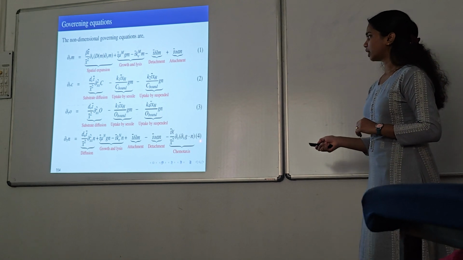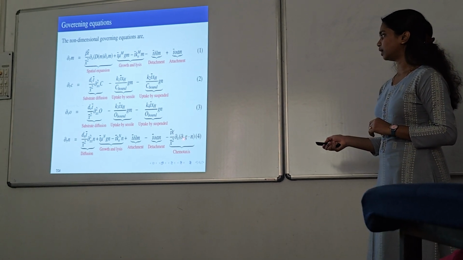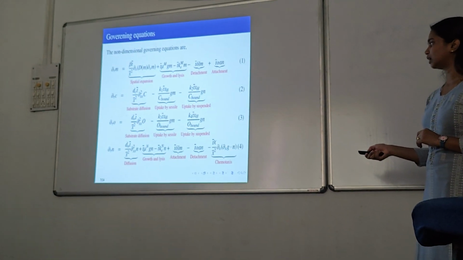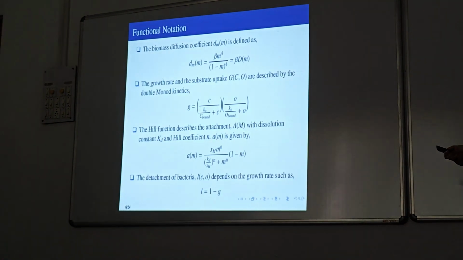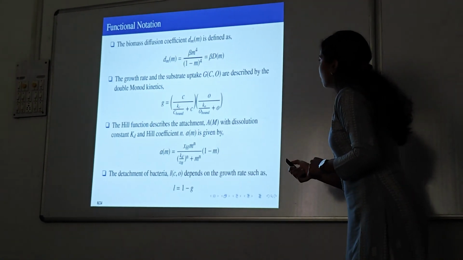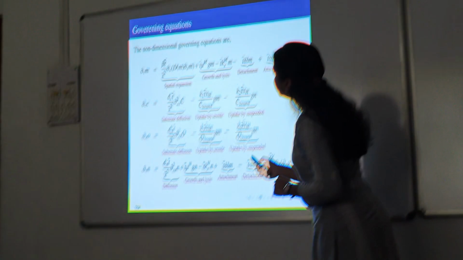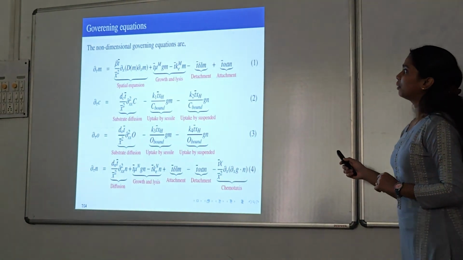And this term is chemotaxis, and chemotaxis actually depends on the gradient of the growth term. I'll describe what G is in a second. What is T? T is time, and this is actually the non-dimensional version.